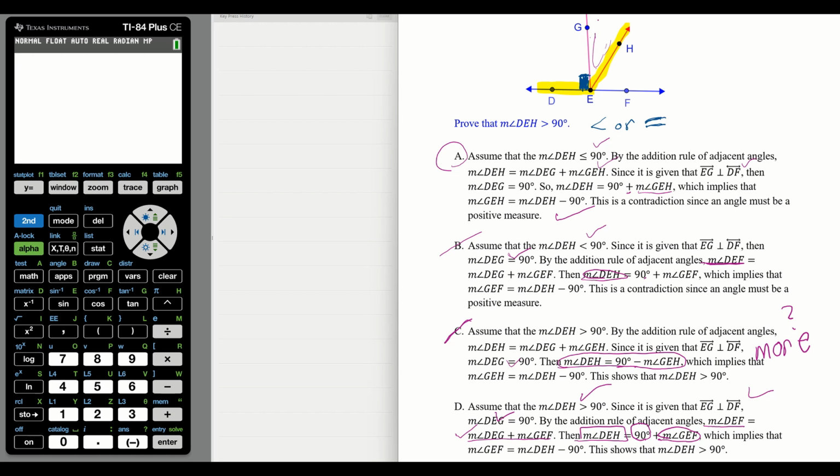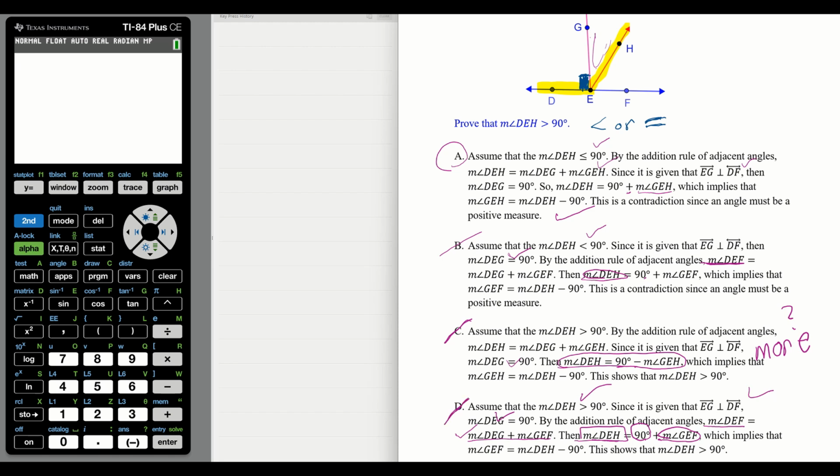Yes, that is greater than 90, but it doesn't make sense. Well, that's all true, but it doesn't help us. It leads to a strange conclusion that doesn't show what we need exactly.